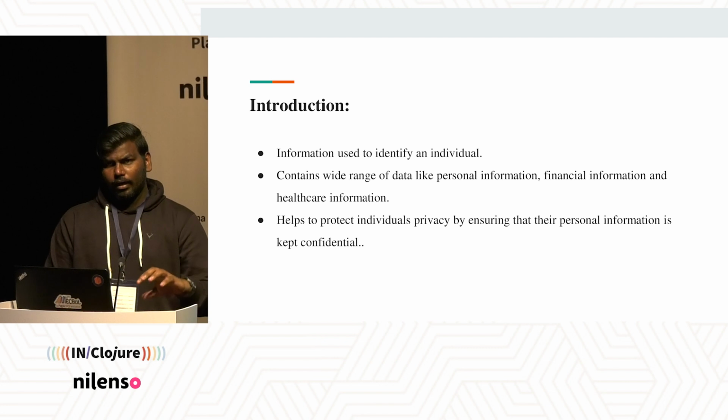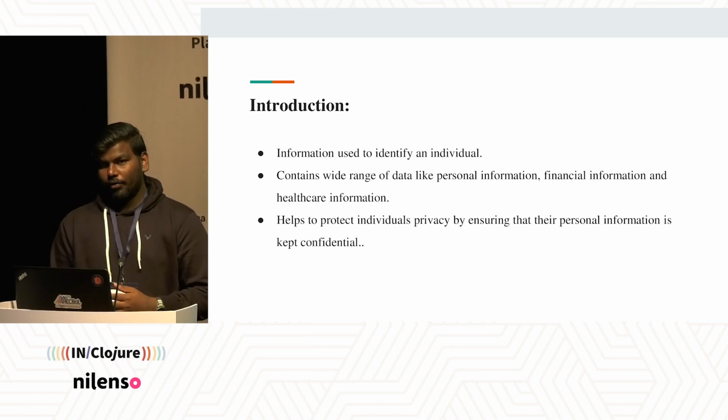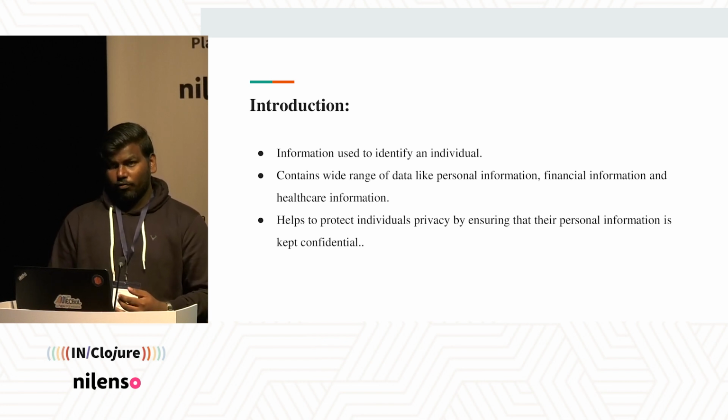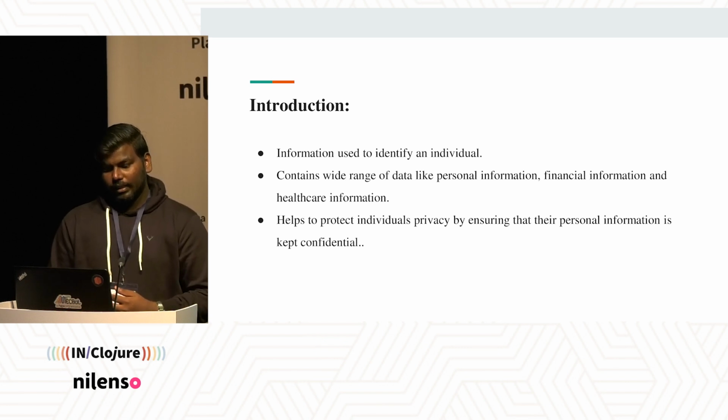Like if our personal identification information goes to somebody, that may also cause some problem. For that, we have to protect the information. Before protecting the information, we have to identify whether it is personal information, or financial information, or healthcare information. So we have to find out whether it is PII information.